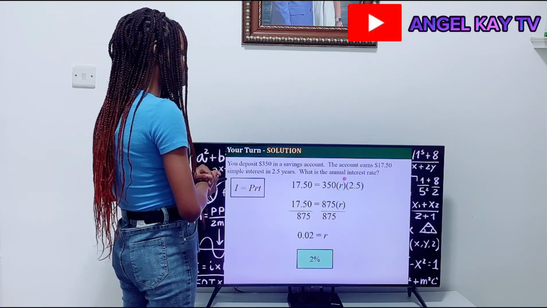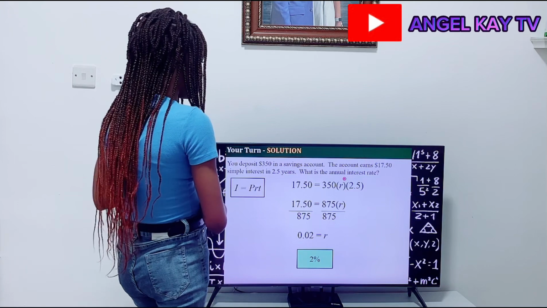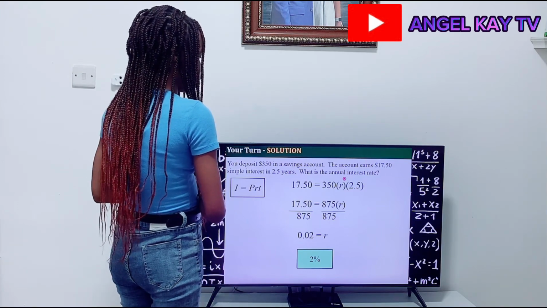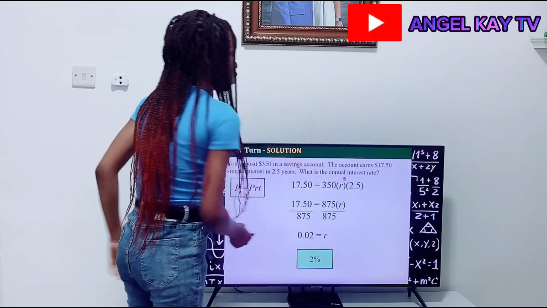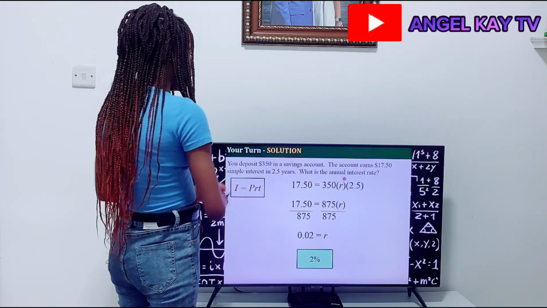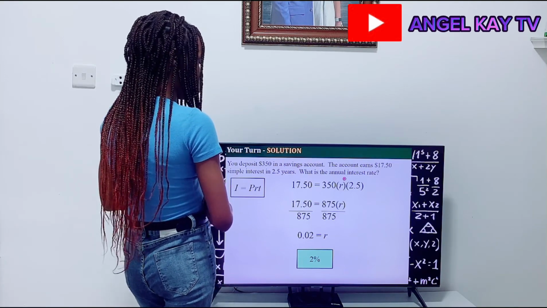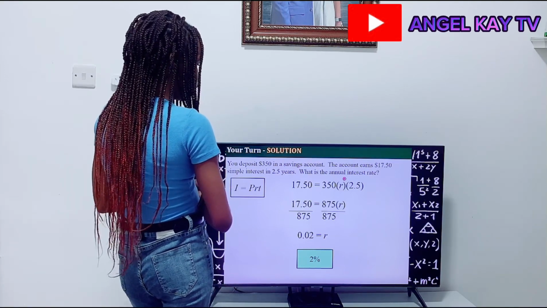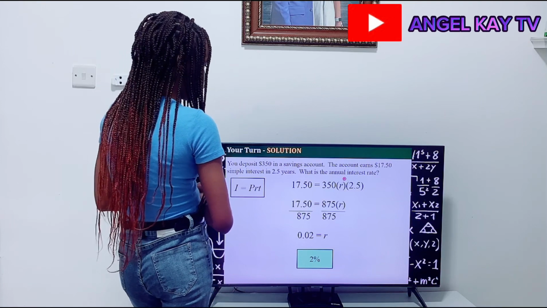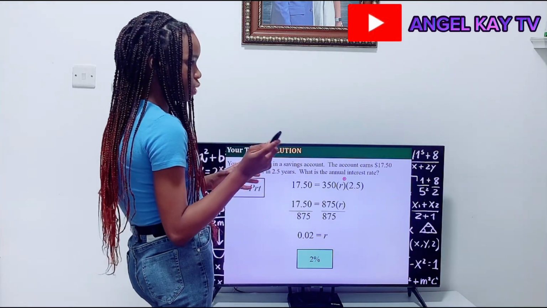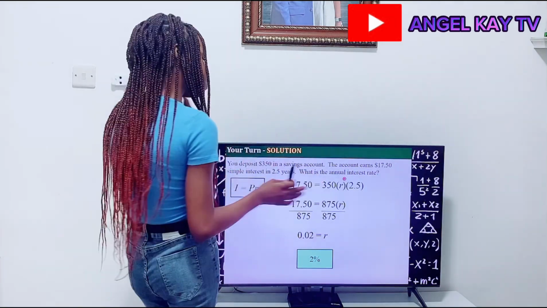What is the annual interest rate? So now we do $17.50, which is our interest. And then we have our principal right here. So it is equals to 350. And obviously we're looking for the rates because the rates are normally written in percent.